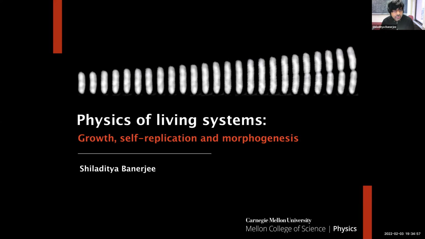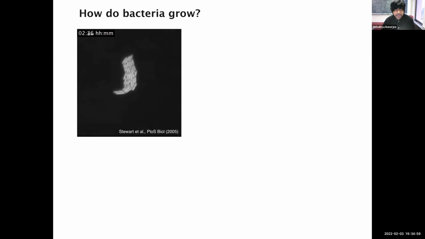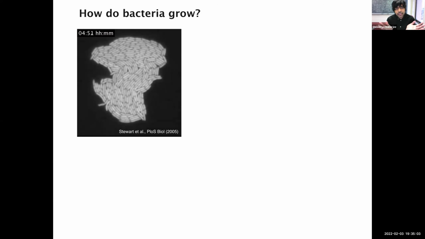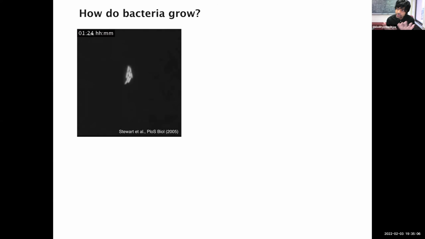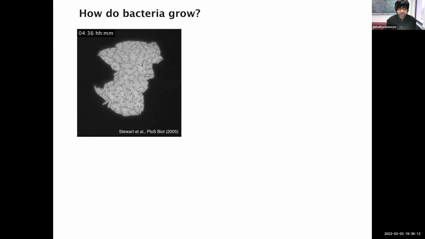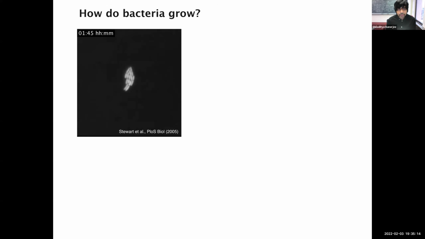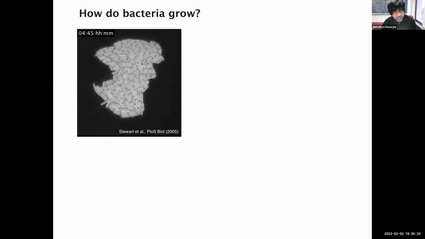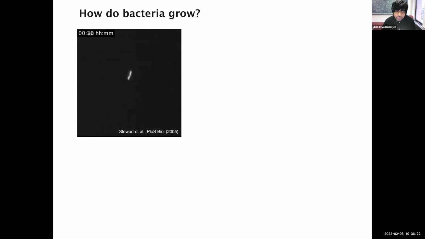So here you see a movie of bacterial cells growing and replicating, right? So the first question as a physicist I'd like you to ask is, what controls bacterial growth rate, right? So looking at this movie, I can measure how fast the systems grow, right? So here's a population of E. coli cells that are growing, okay, when you feed them nutrients, right? And they grow exponentially, okay? So you can mathematically model the population growth, okay?